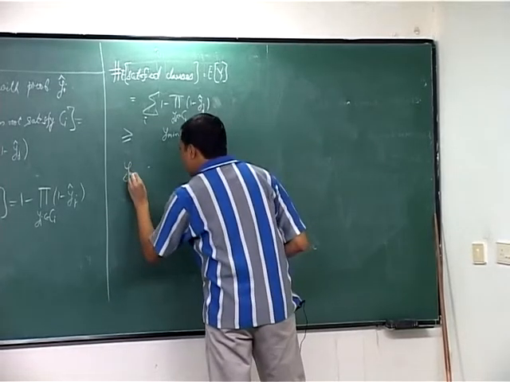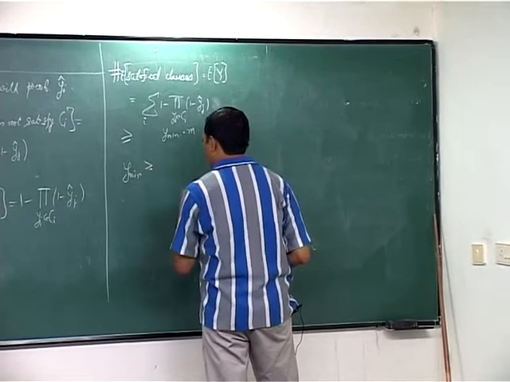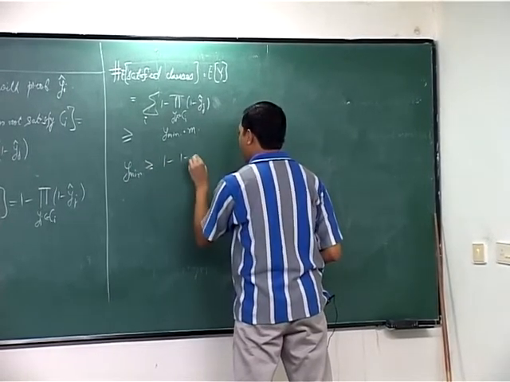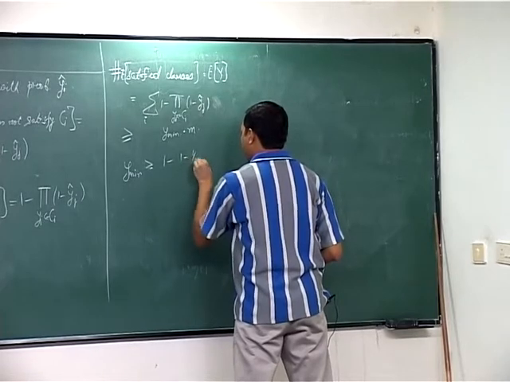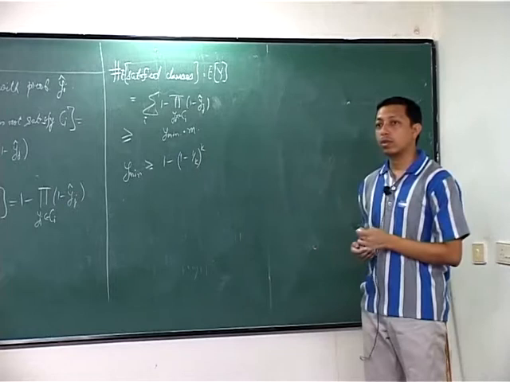So y min is at least 1 minus (1 minus 1 by k) raised to the power k, right?